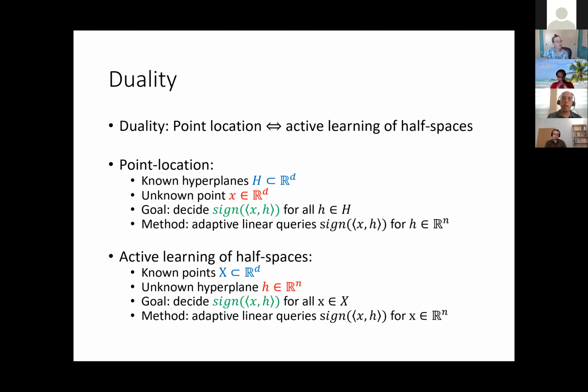The one thing we gain from that is that usually, the natural things to try to do when you study a problem change when you change your viewpoint. When you study this question from the point location viewpoint, it was mostly studied in the computational geometry, discrete geometry community. So you do things that are natural to do when you study geometry, like space partitioning in various ways.